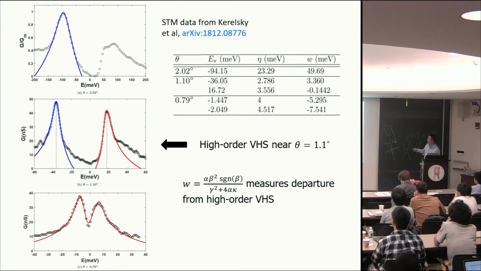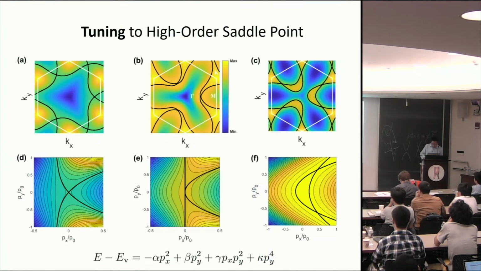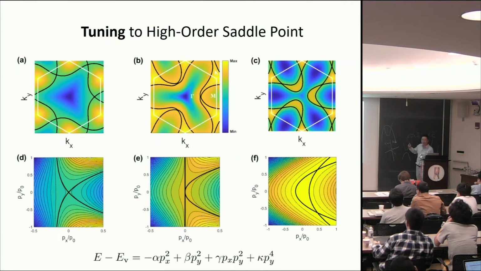It's an energy scale. Basically, it tells us that even when beta is not 0, if you look at the full expression, when beta is 0, we have exactly that high order Van Hove singularity. When beta is small, in the large energy range, the system can be approximated as a high order Van Hove singularity, but it breaks down when energy is smaller than a critical value.